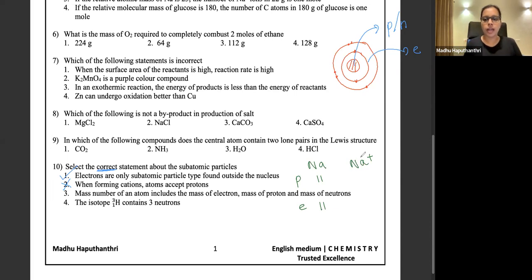Then when it comes to the cation, the proton count is 11. How many electrons are there in sodium plus? It is a simple question. It's 10. So what has happened when sodium goes to sodium plus? It has ejected one electron.